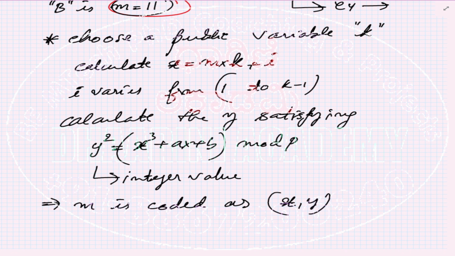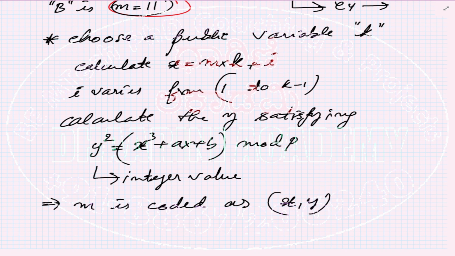So for that value of x which satisfies this, there should be a specific rule defining what x value you are going to use, right? So for that reason, the ECC uses the mk plus i format. Okay, m is your message, k is a randomly chosen number which is fixed for the whole process, right? Plus an i value which varies from 1 to 1 less than k. So since you initially predefine this, I know what values of x are possible.